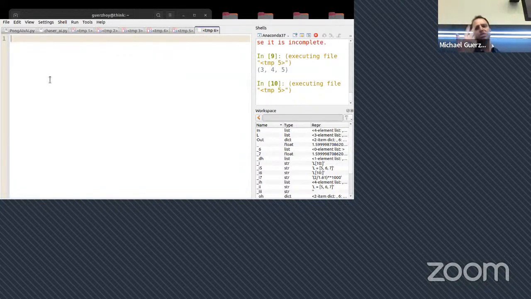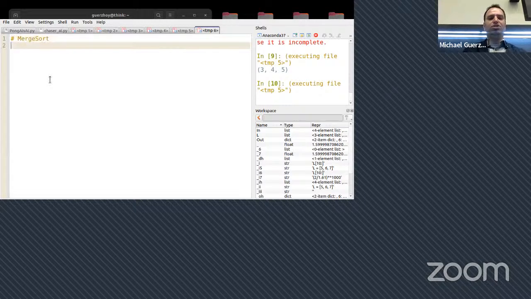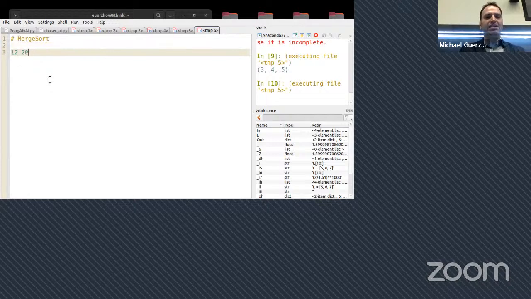So I want to switch to a situation where it looks like it's very difficult and there's nothing you can do, but in fact there is. And that's figuring out a fast sorting method. This is called merge sort, and this is basically what Python uses for sort and sorted. The idea goes like this.